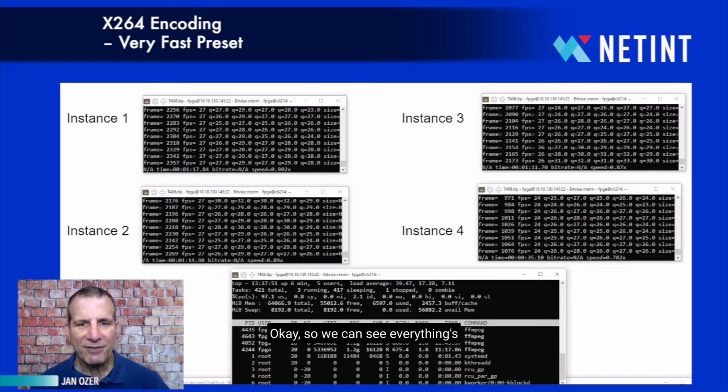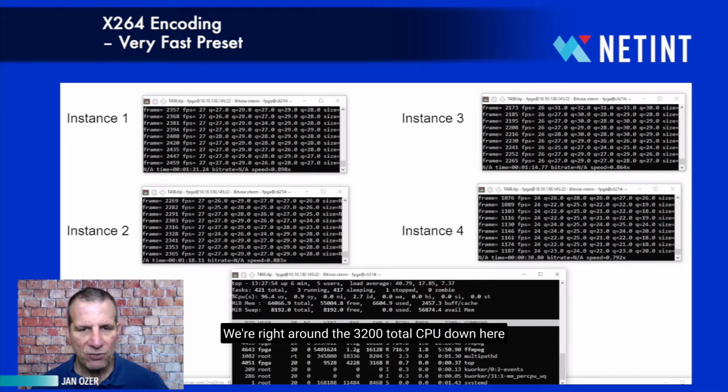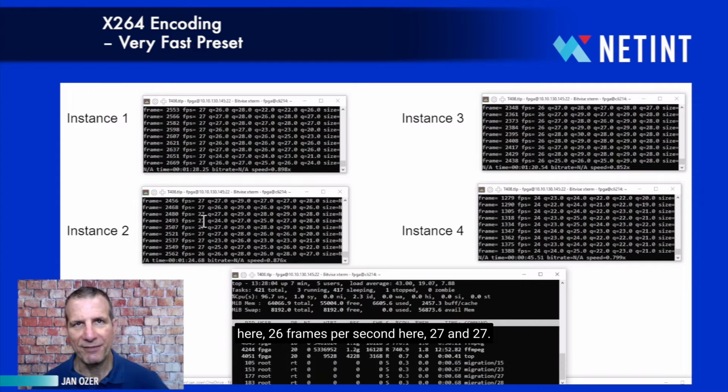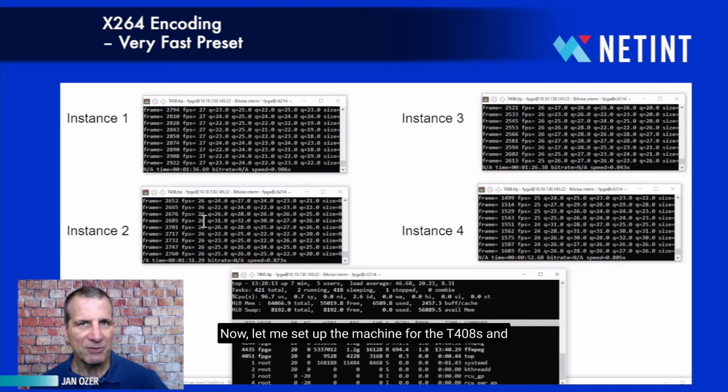Okay, so we can see everything's going in the wrong direction here. We're right around the 3,200 total CPU down here in the top utility. We're at 24 frames per second here, 26 frames per second here, 27 and 27. So using the very fast preset on this machine, we're able to produce 3 full encoding ladders at 30 frames per second. Now let me set up the machine for the T408s, and we'll come back and see how many ladders it can sustain.